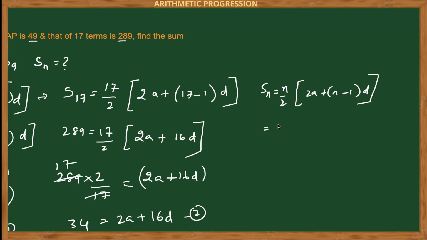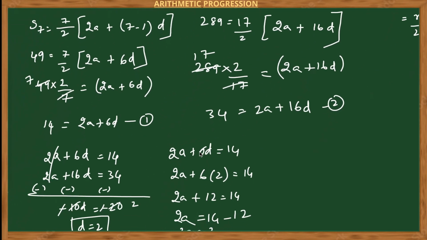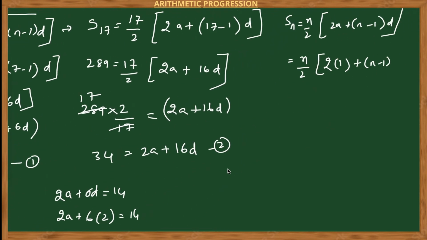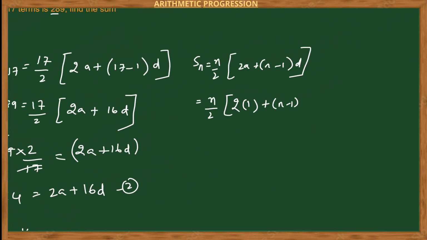We are not aware of n. So n by 2 into (2 times a, which we got as 1, plus (n minus 1) times d, which we retrieved as 2). So n by 2 into (2 plus 2n minus 2).